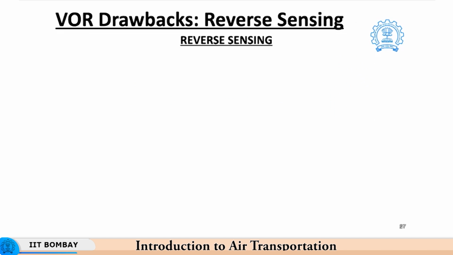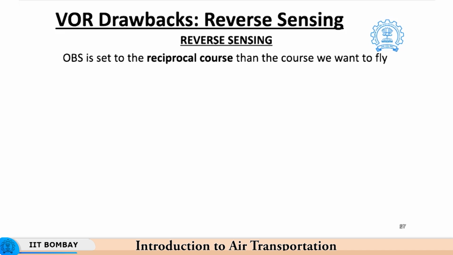The third anomaly related to VOR is called reverse sensing. This anomaly arises when the pilot has set the reciprocal of the course on the dial.